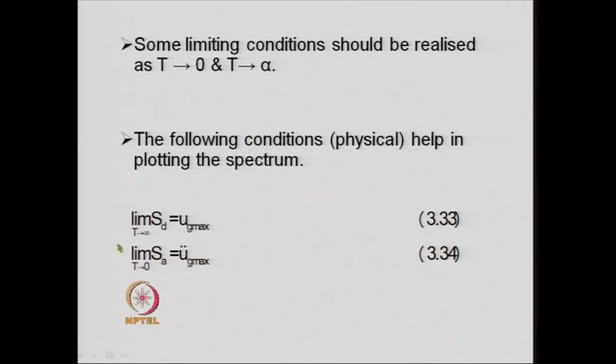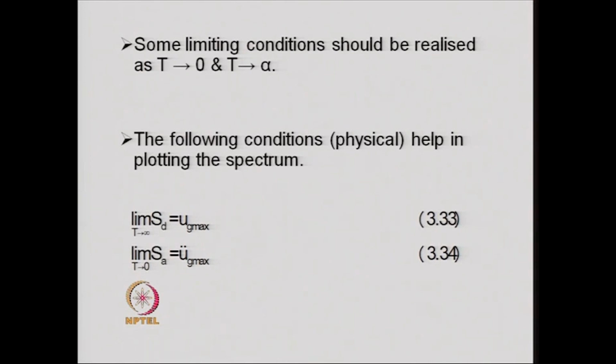In fact, it can be easily shown that the limit of the maximum displacement as t tends to infinity becomes the maximum ground displacement itself. Similarly, the limit of the spectral acceleration as t tends to 0 becomes the maximum ground acceleration. Now, this can be easily realized from these two figures.